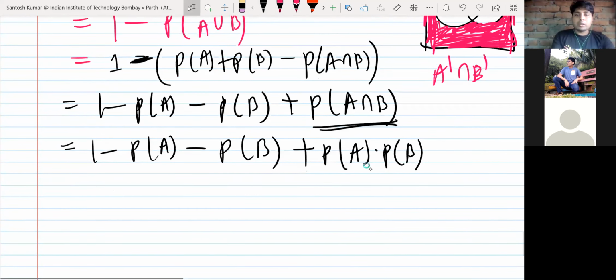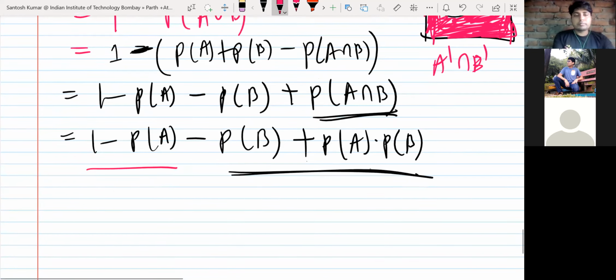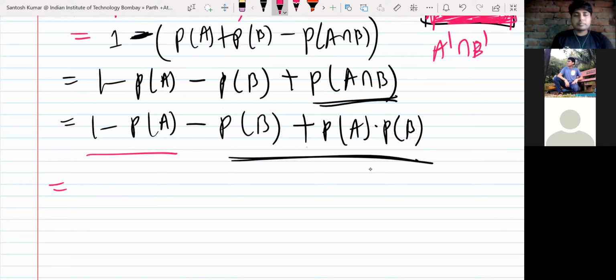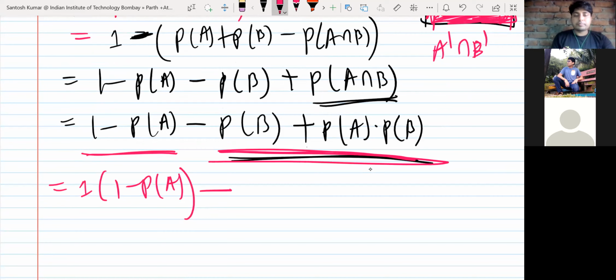Now, what is common in the last two terms? What is common in the first two terms? In the first two terms, nothing is common, so you can write 1 minus probability of A as it is, minus. What is common in the last two terms?